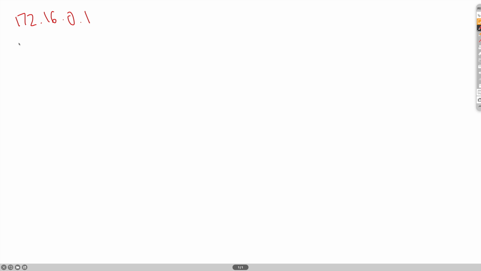172.16.0.1, this is Bob's IP, right? And the subnet mask is 255.255.255.0. Well, we need to look at these from a binary perspective. So what's 172 in binary? Let's quickly do the binary math here: 2 to the power of 0, 2 to the power of 1, 2 to the power of 2.